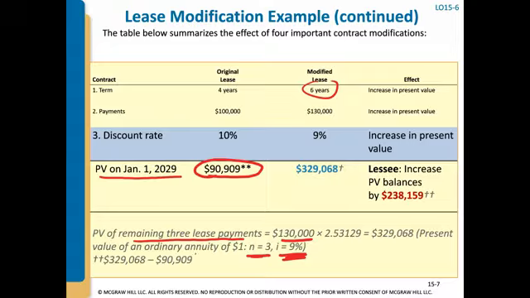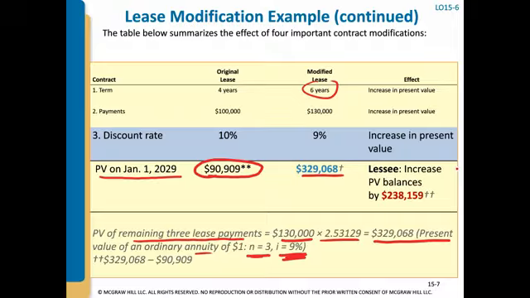The present value of an ordinary annuity, because the first payment was made at the beginning of the lease, and the factor is 2.53129. So when I take the 130,000 times the factor, my new present value of my next 3 lease payments is $329,068, right?